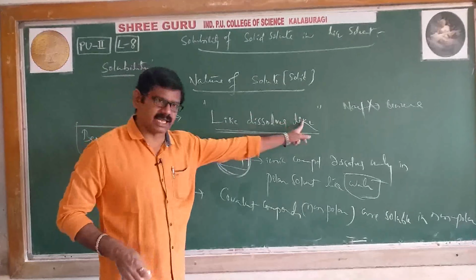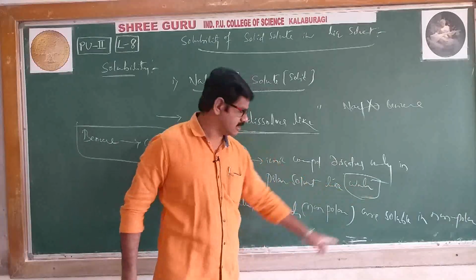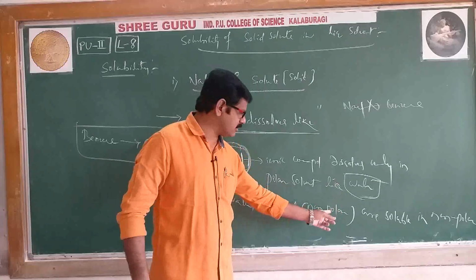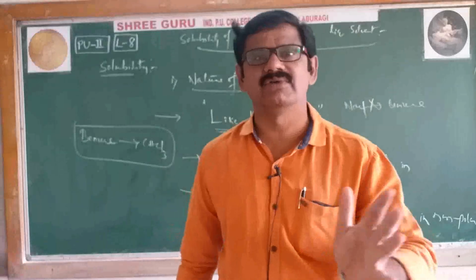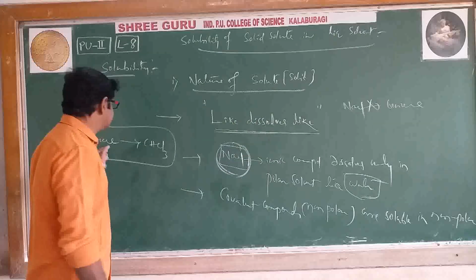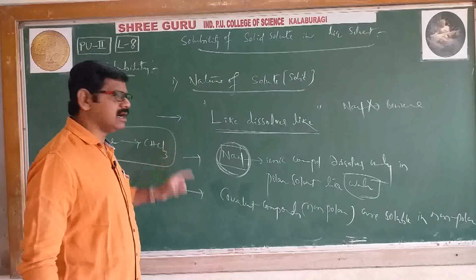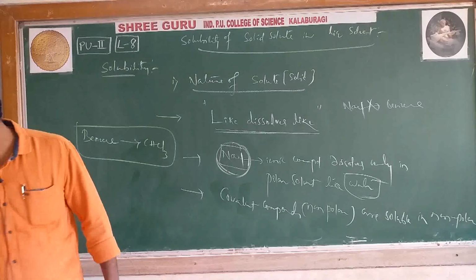Like dissolves like. Ionic compounds are soluble in polar solvents like water. Non-polar compounds are soluble in non-polar solvents only. Example, benzene is soluble in chloroform because both are non-polar only.